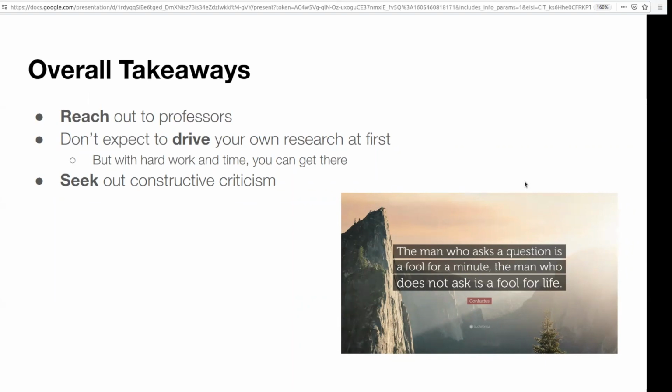And that's probably one of the best things I've learned to go by in research: be brave. Some of the most brilliant people I know, when they were starting out, were asking so many questions, and just the fact that they asked questions, they learned more and more and more.